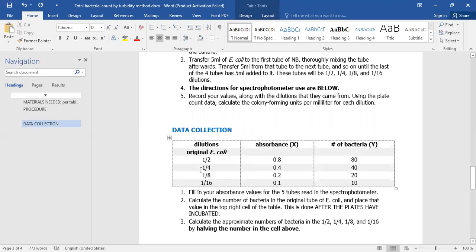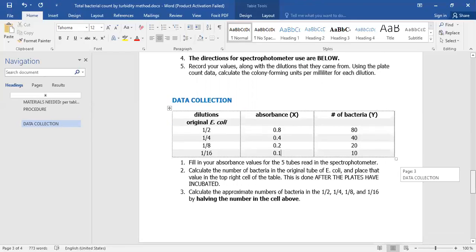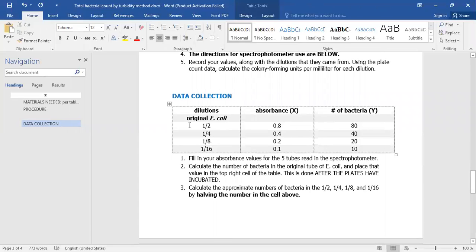It is directly dependent on the concentration of the bacterial sample: the more bacteria present in the sample, the more absorbance is found. When we find more absorbance in a sample, we can find the results as the number of bacteria. For example, in the 1 by 2 dilution at absorbance 0.8, the number of bacteria is found at 80, so more bacteria is found.